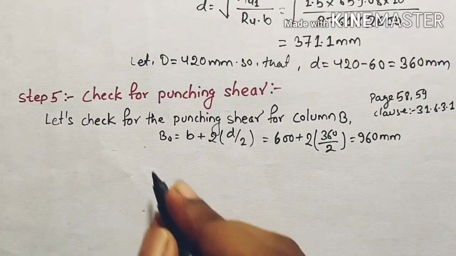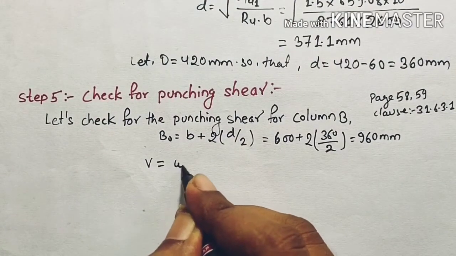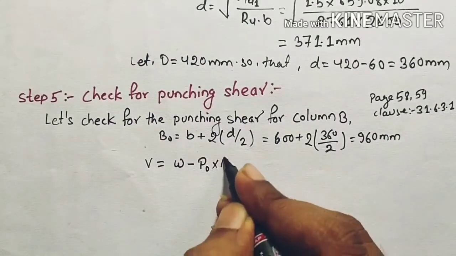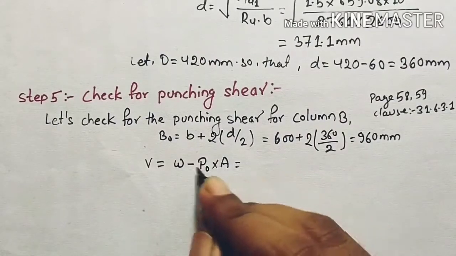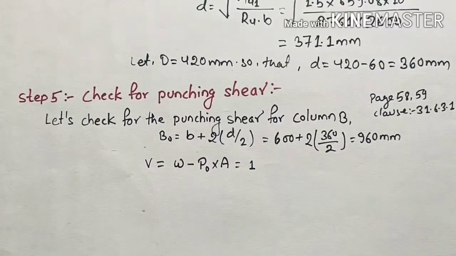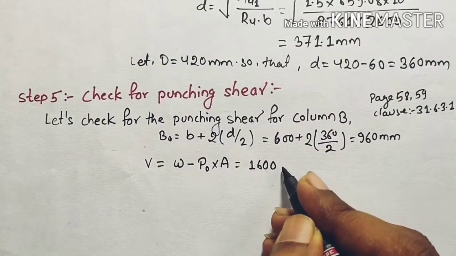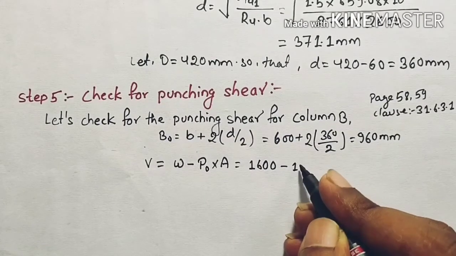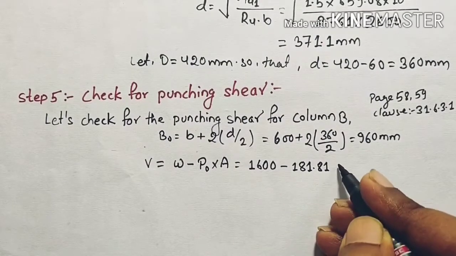Now let's find out the shear. The formula for shear is the loading on the column minus the upward soil pressure P note into the area of the punching section. The loading on the column is 1600 kilonewton, minus P note, the upward soil pressure we calculated in the first step, that is 181.81, and now the area of the punching section.